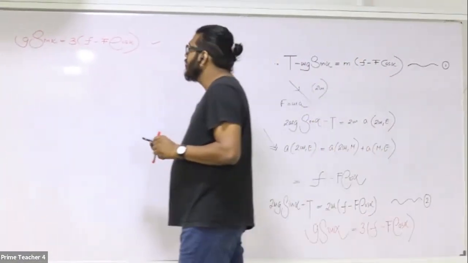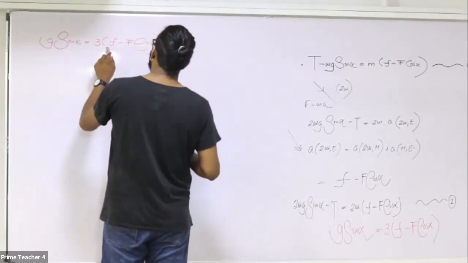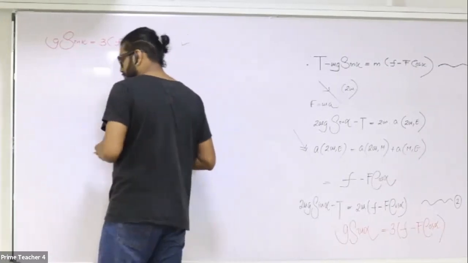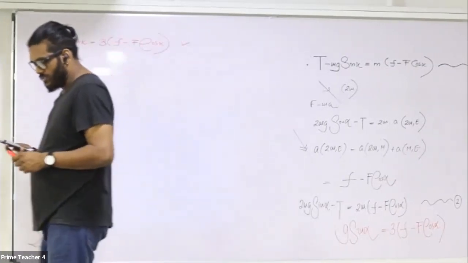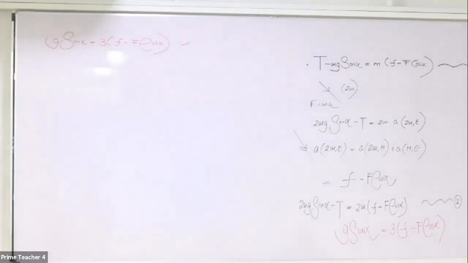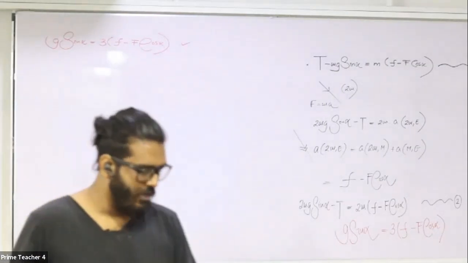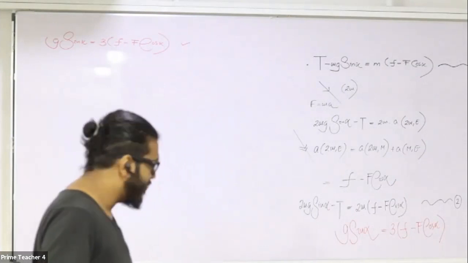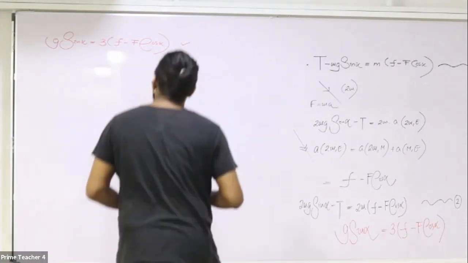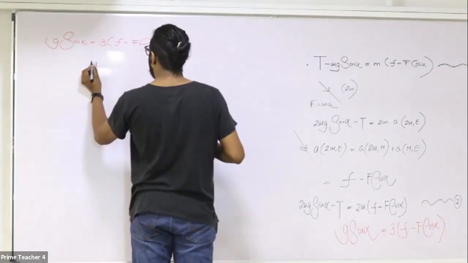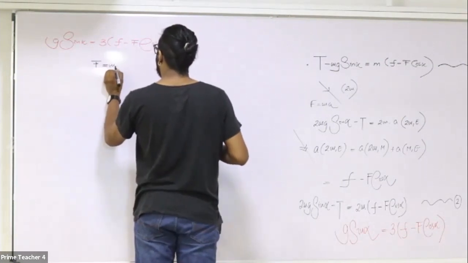But we need to find exactly what is simple F and capital F, right? So what we can do is apply F equals ma for the system.